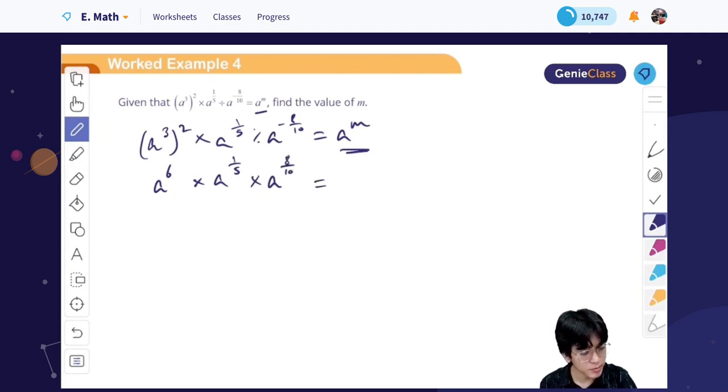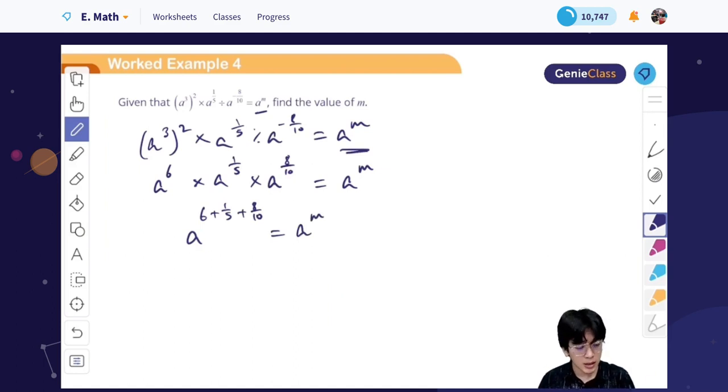And this is a power m here. Now we want to combine everything. If you are multiplying, that means you will add the powers. So everything will add up: 6 plus 1 over 5 plus 8 over 10 in the power equals to a power m.